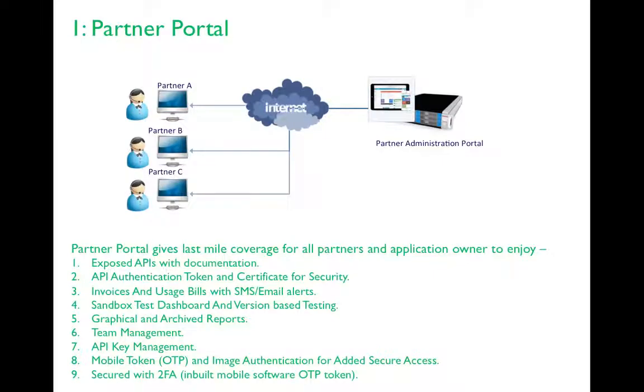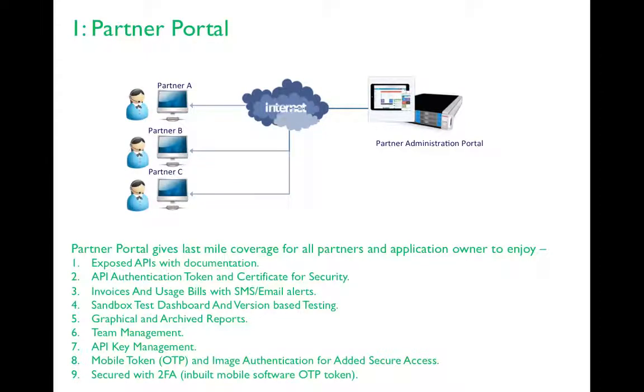The partner portal, as you could see, is exposed and given out to the partners. Over here we have the exposed APIs which will be given out, the API authentication and the certificate for security, invoicing and billing, sandbox, dashboard, graphical reports, archive reports, and team. If a partner wants to have more than one individual on the team accessing the same dashboard, they can do that.